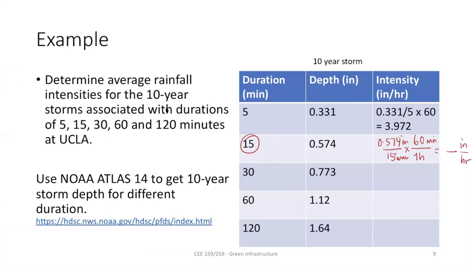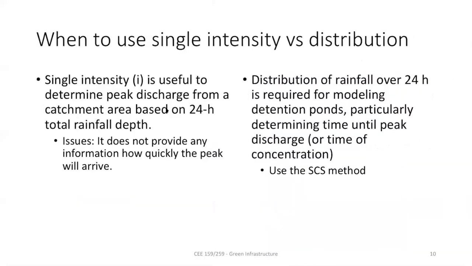So how do you use just a single intensity to design something? Is it going to be accurate? That's why you have to know when to use a single intensity versus the distributions. So that's what the next slide is about. A single intensity will give you a design that will tell you the maximum amount of runoff you may receive at that point. So that determines the peak discharge.